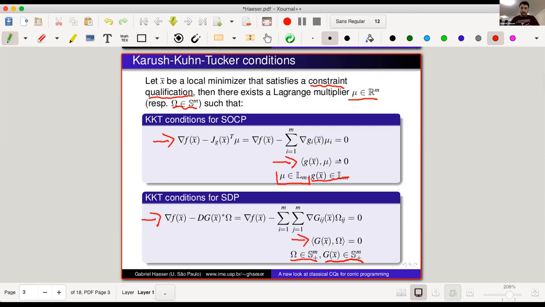If this were a nonlinear programming problem, if we had the cone R^m_+, then this complementarity could be decomposed by components: G_i times mu_i would be equal to 0. In some sense, a nonlinear programming problem is very easy because it can be decomposed by components.